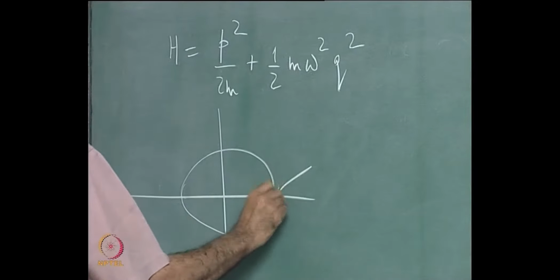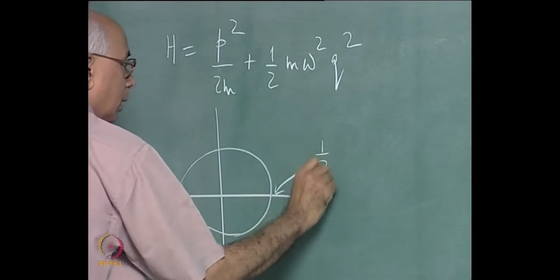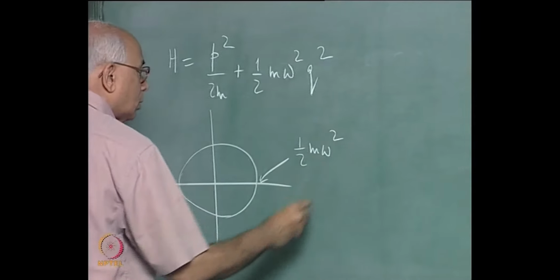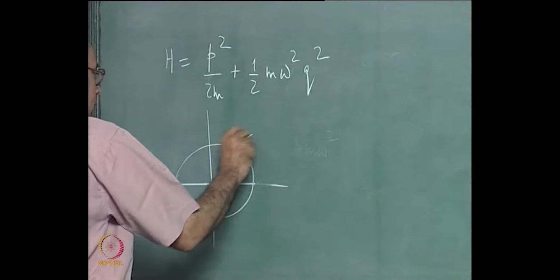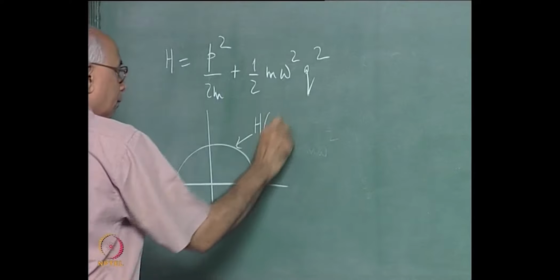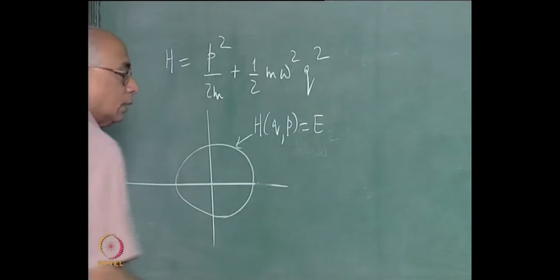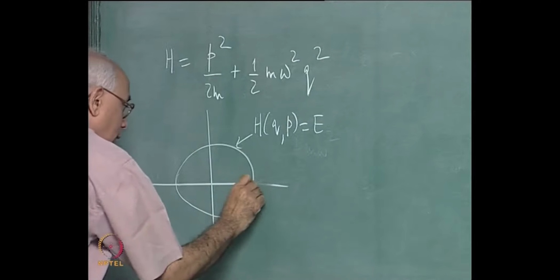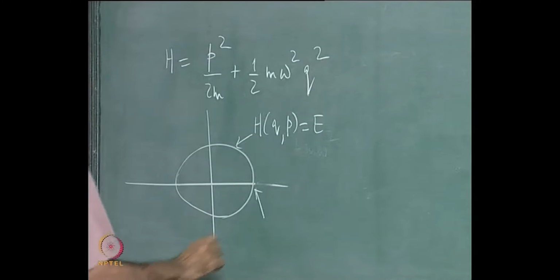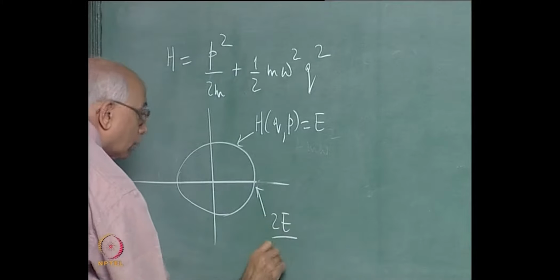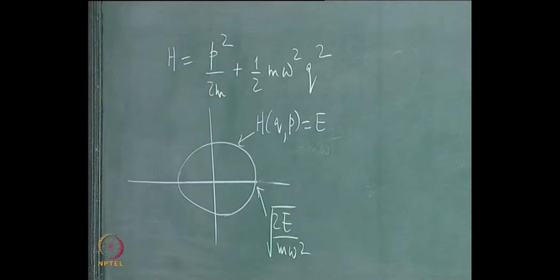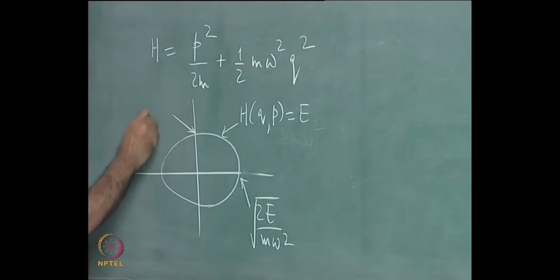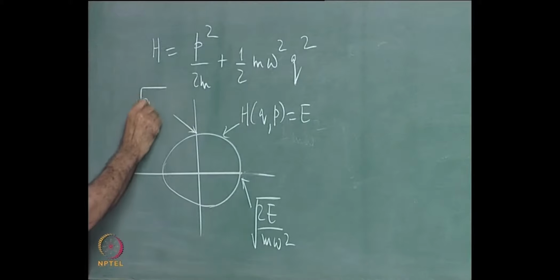then this point here, the amplitude is represented by 1/2 m omega squared q squared. If on this orbit H(q,p) equal to E, that would imply that this particular point is given by the square root of 2E over m omega squared. So that is what would correspond to the amplitude, and this point here would be given by square root of 2mE.